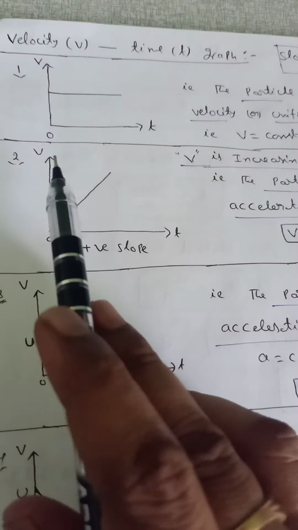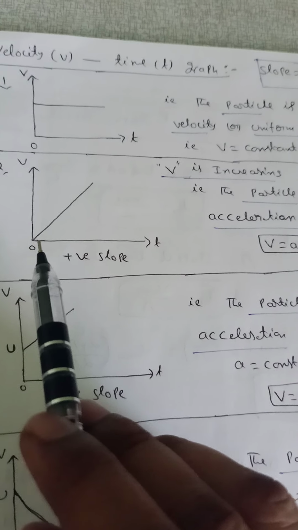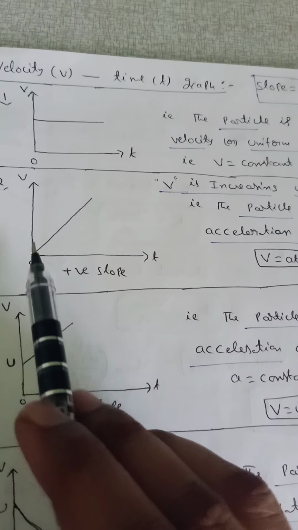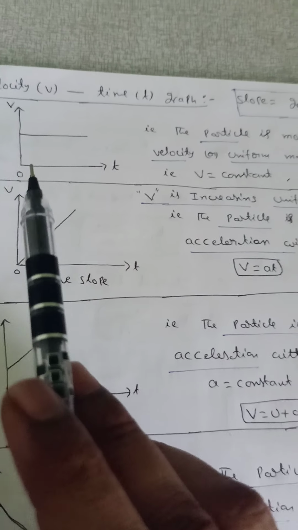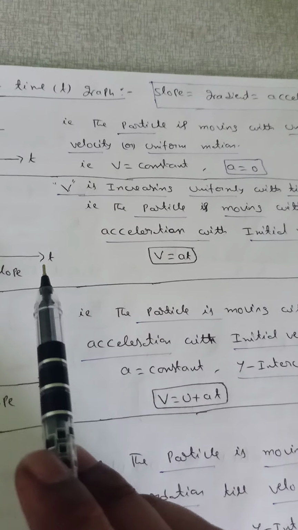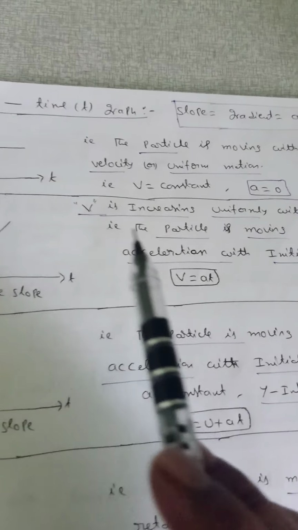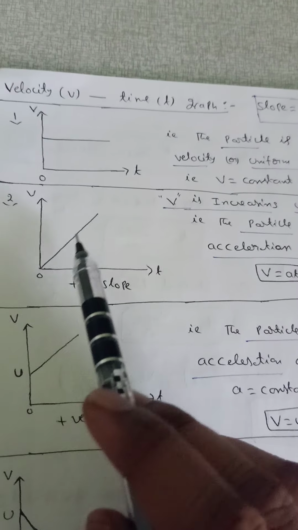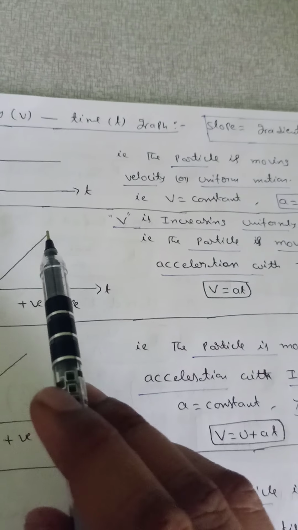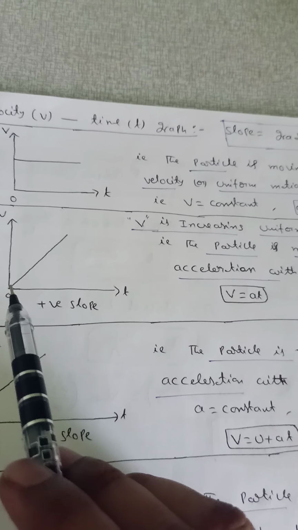The second case: as time increases, the velocity also increases uniformly with time. That means the particle is moving with uniform acceleration with initial velocity 0.